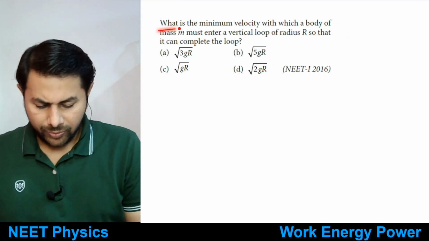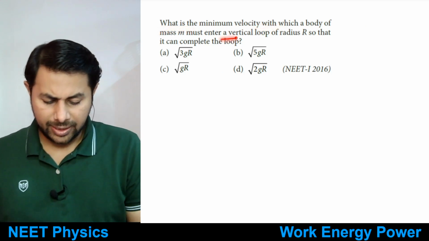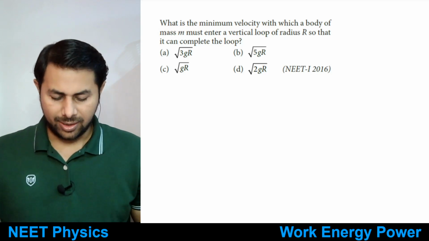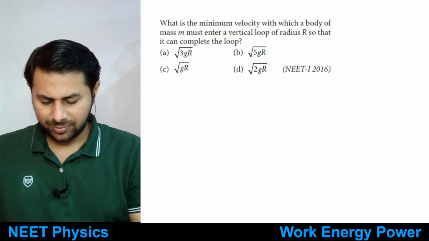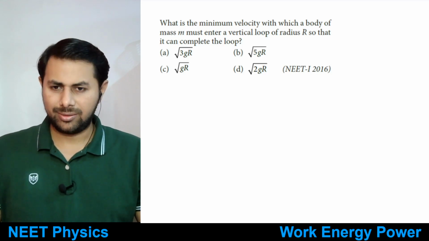What is the minimum velocity with which a body of mass m must enter a vertical loop of radius r so that it can complete the loop? Tell me. Anyone?